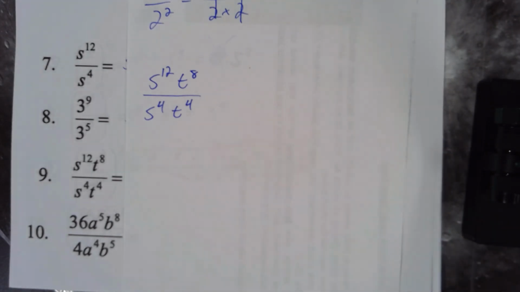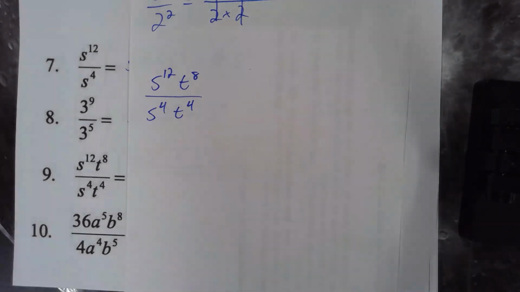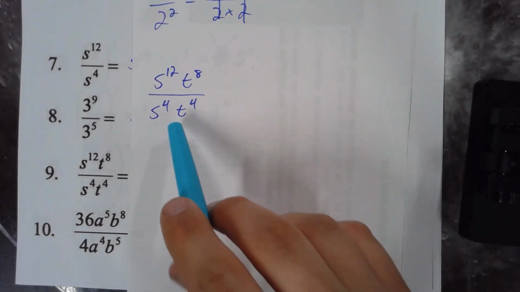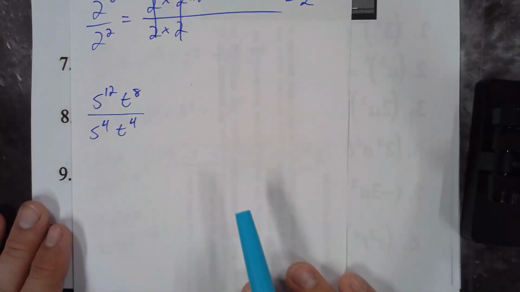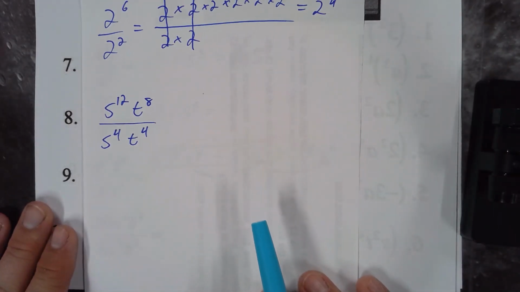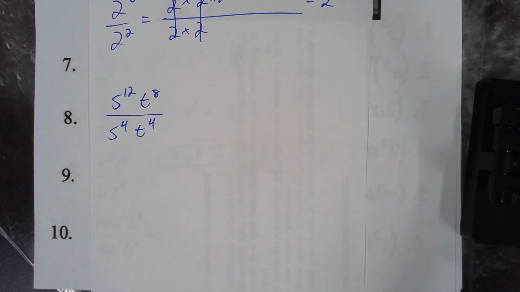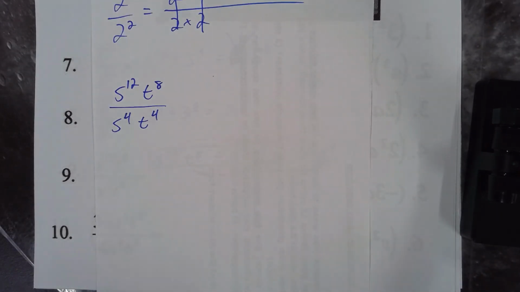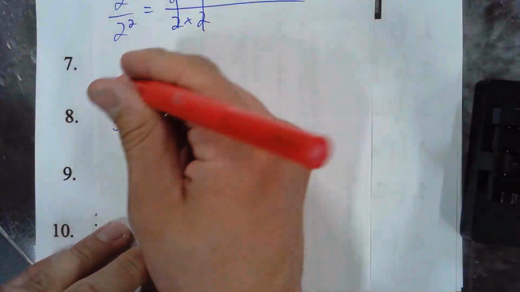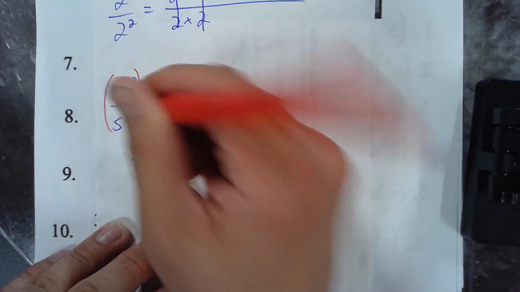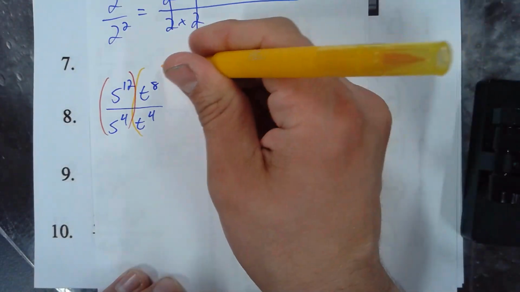I'll wait till they finish talking. So one thing I could do, here's the same problem I just rewrote on this piece of paper here. I'll cover up this. What I could do is I could split this into two different fractions. So here's one fraction right there, and here's one fraction right here.